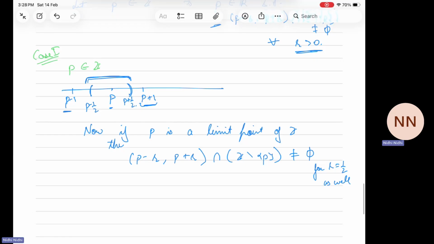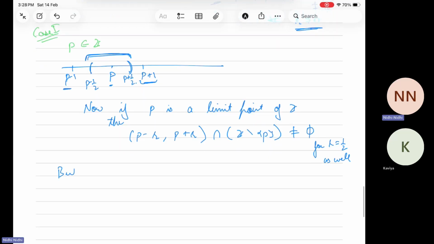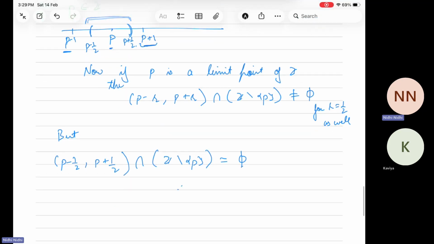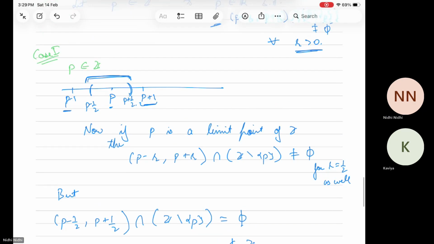But this (P minus 1 by 2, P plus 1 by 2) intersection Z minus {P} is an empty set. Therefore, P does not belong to Z'.